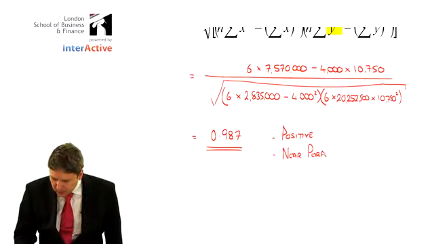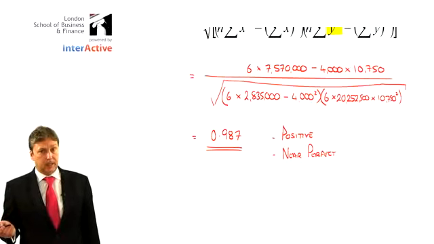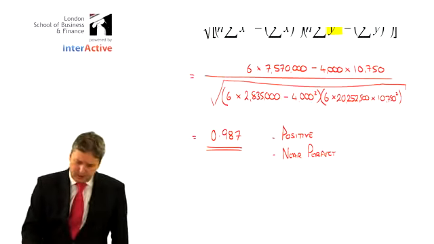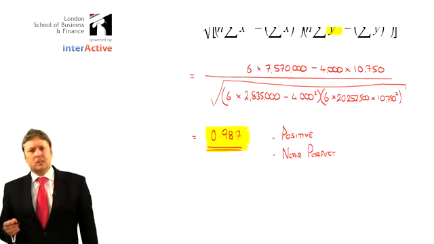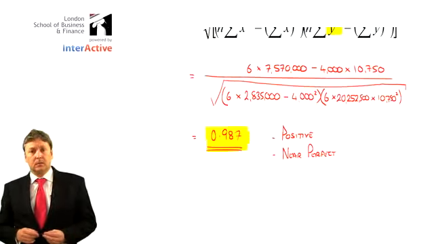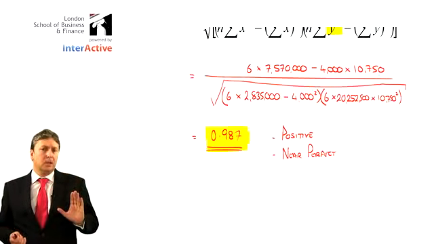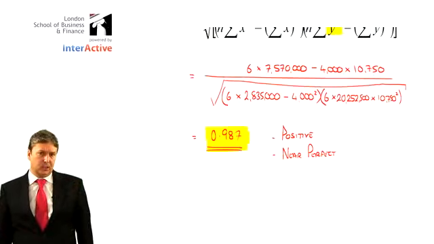In simple terms, we would be very happy that the data supports the line. I would always expect that the value that we calculate here is likely to be 0.9 something. Because if it's less than 0.9, you start questioning the relationship between the pairs of data and the line of best fit that you've set.